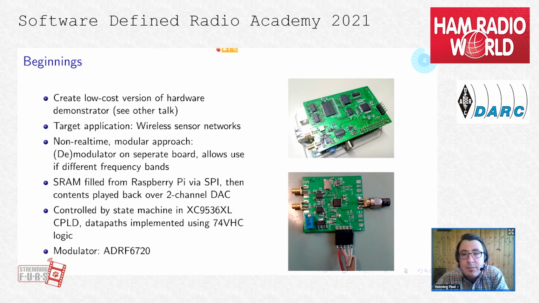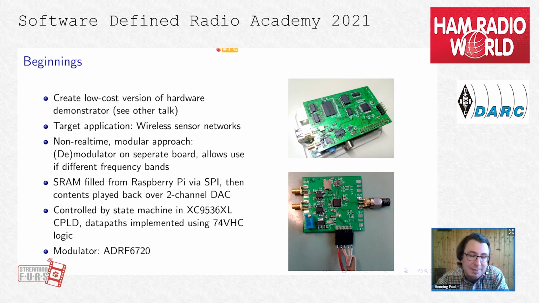Back then when I still was at university, I guess it was my last year as a researcher, I was thinking about how I could build an affordable, not to say cheap, non-real-time capable hardware demonstrator based on available technology.